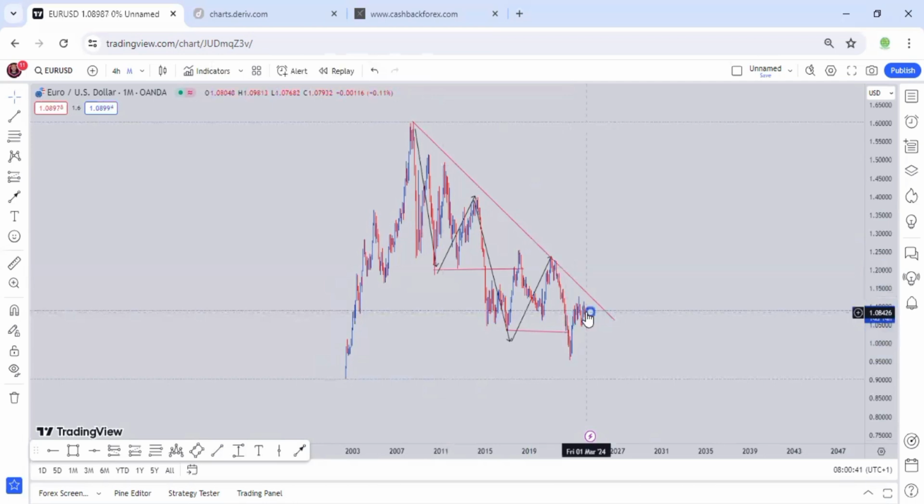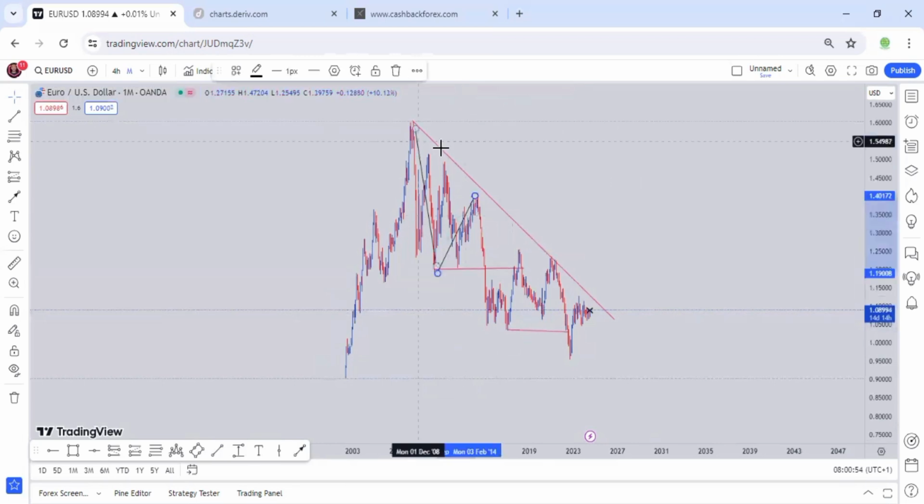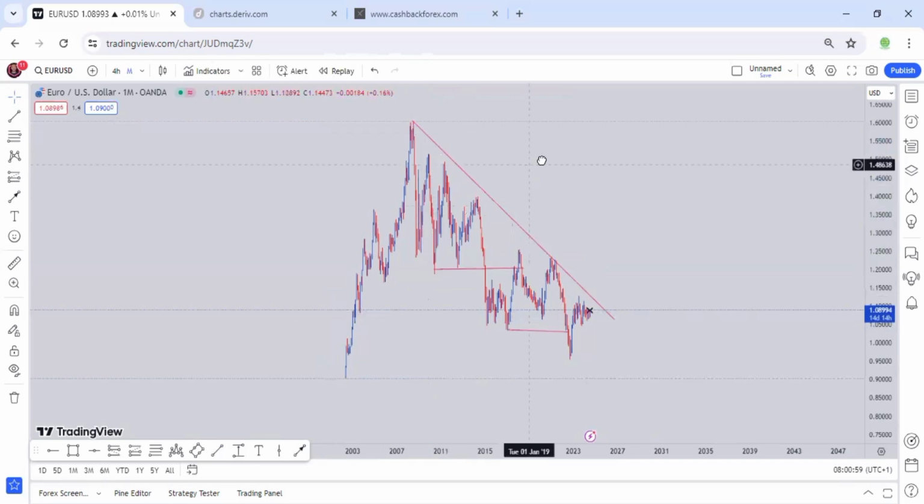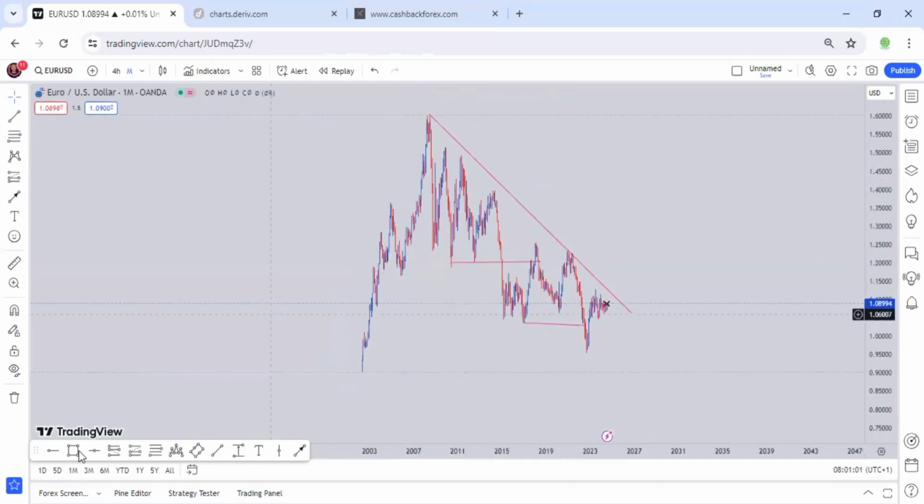So we are also going to go down to the lower time frames to check the immediate structure that we're going to work with. For now, we know that the downtrend is what we have in the monthly time frame.